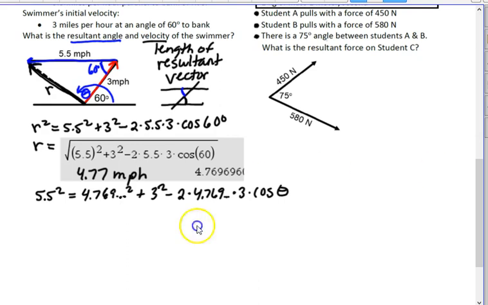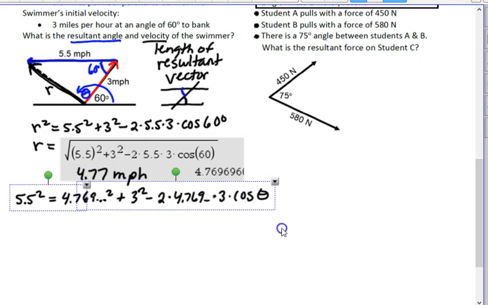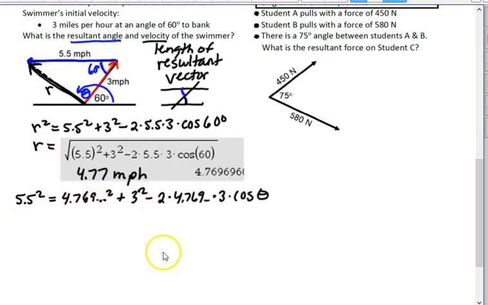So I'm going to take all of this and scoot it over a little bit because it's taking up so much room into my other problem. So I'm going to end up subtracting these two values, 5.5 squared minus 4.769 squared minus 3 squared, then dividing by all of this. So I'm going to go ahead and pause for a minute, do that on my calculator.